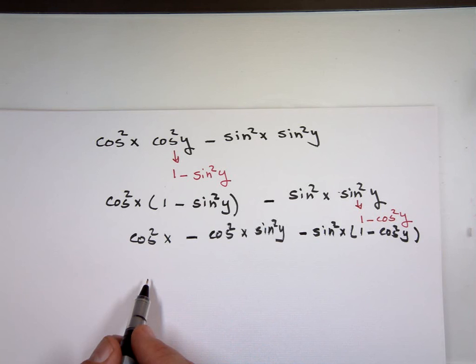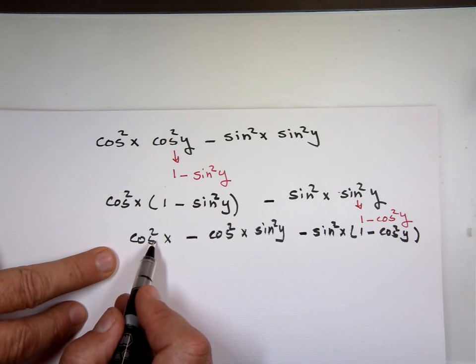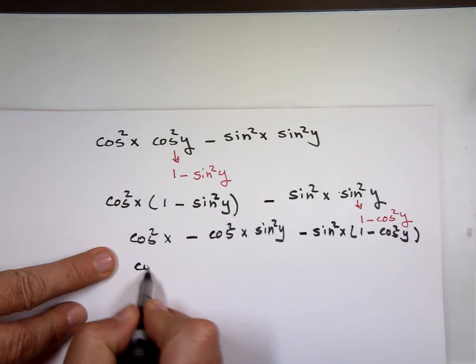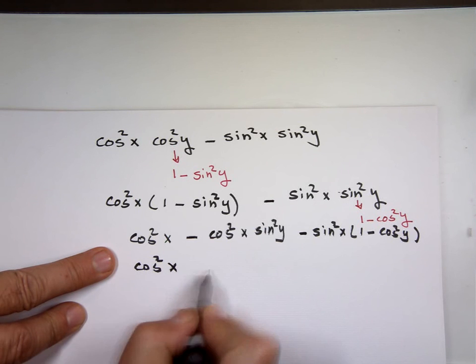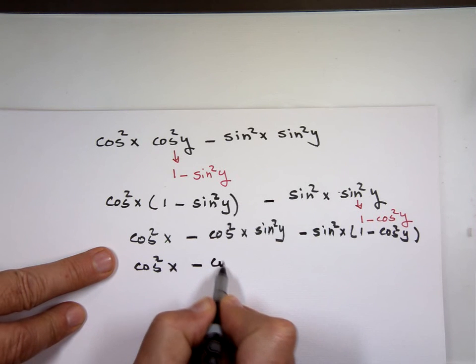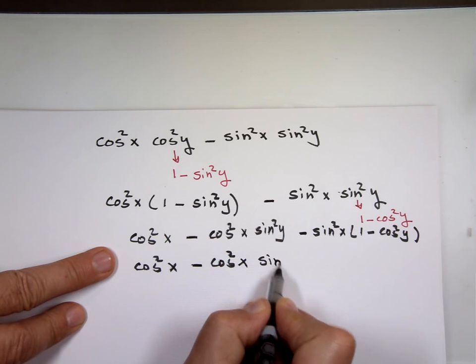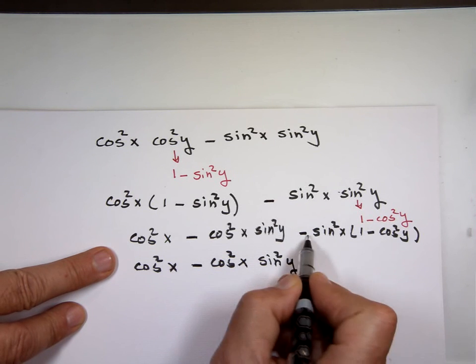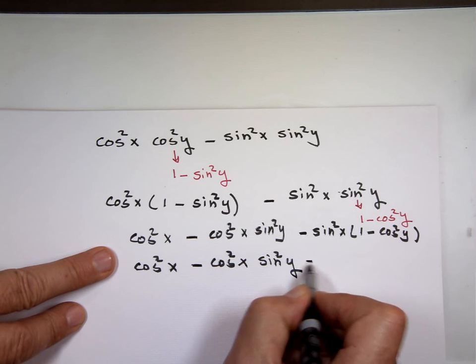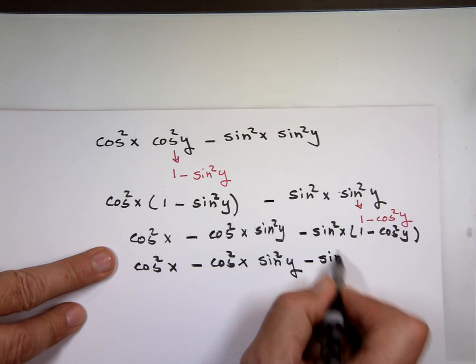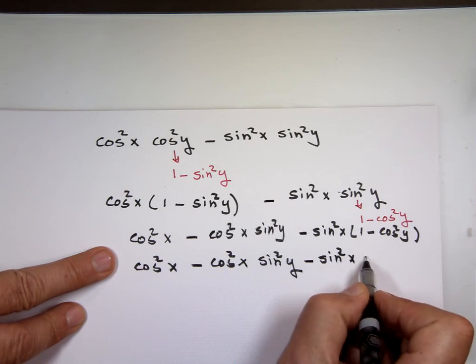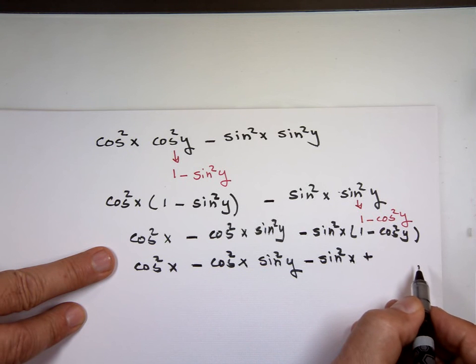That doesn't look good, huh? Maybe that was as far as I can go with it. I'm just stubborn, trying to see if something else will cancel. This will be minus sine squared x. Minus times the minus is plus sine squared x cosine squared y.